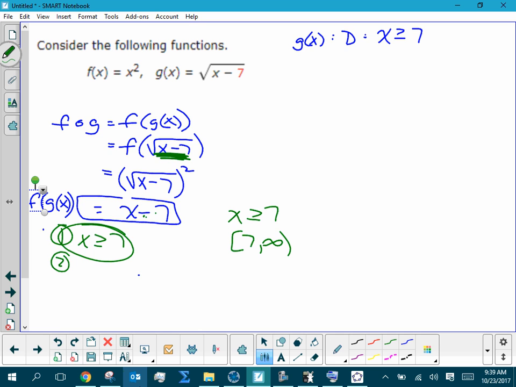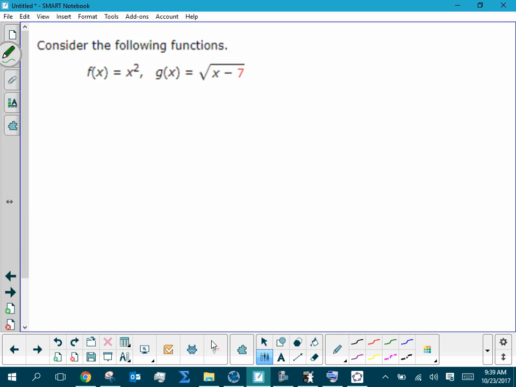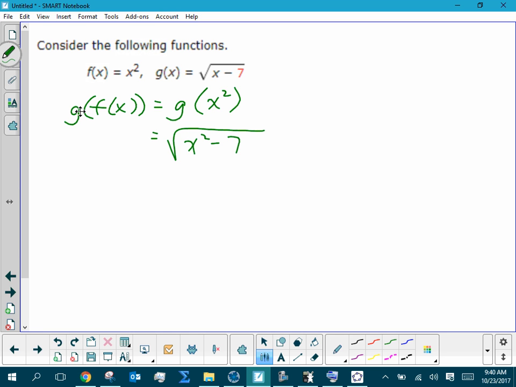If we do g of f of x, okay, so it's going to be g of x squared. So now I'm going to go to my function, x squared minus 7. Does that kind of make sense?